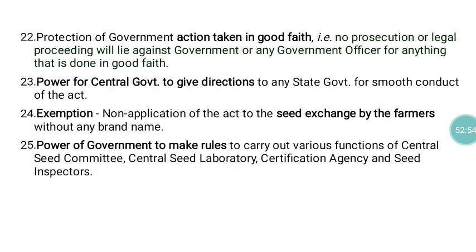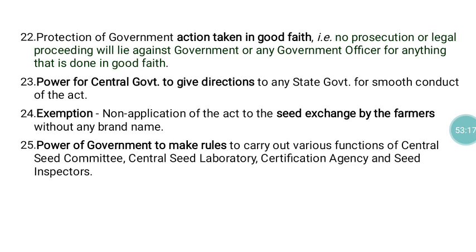Here the farmers are exempted. For the exchange of seed between farmers, there is no need for labeling or checking the germination. The farmers are free to exchange seed material. The farmers are totally exempted from this act. That is there in Section 24.